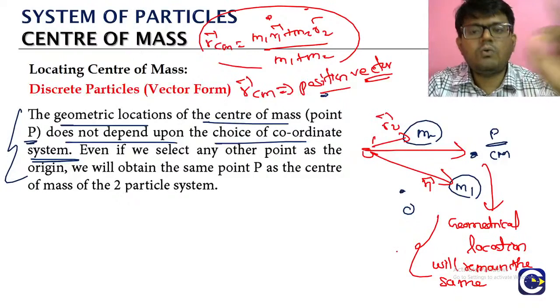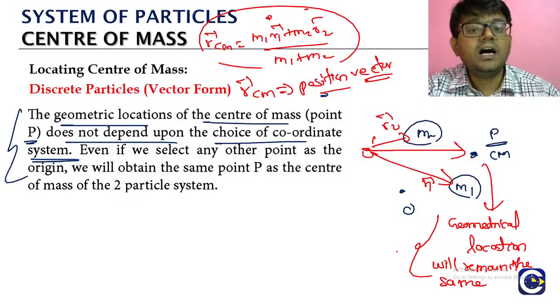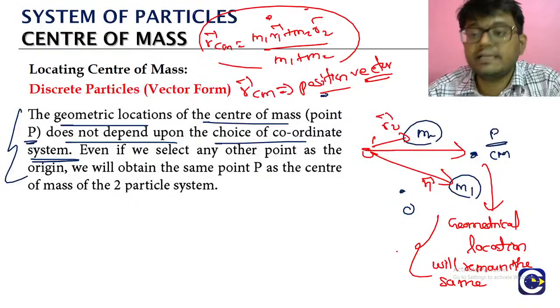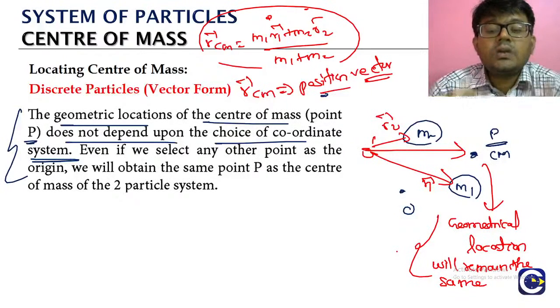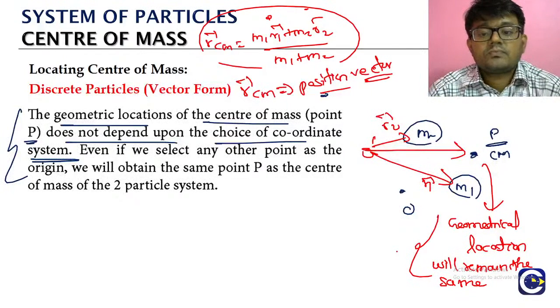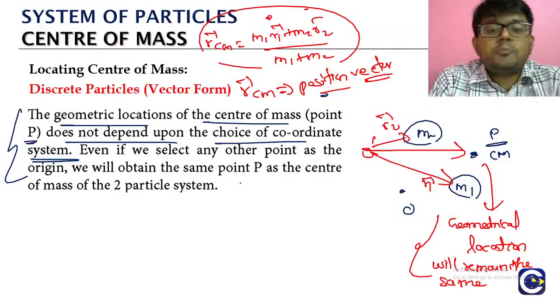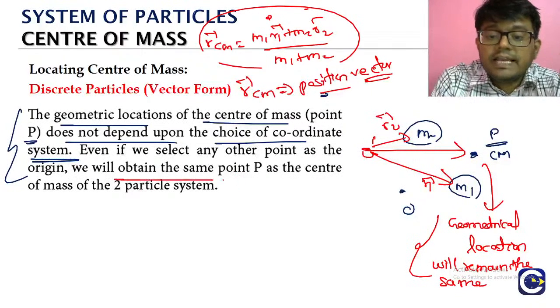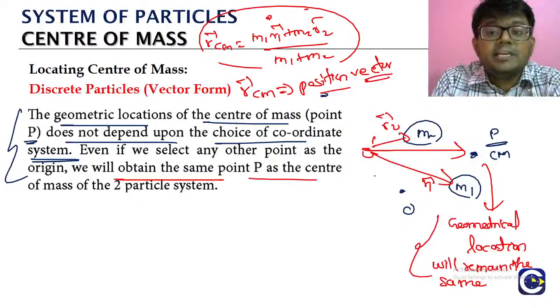The coordinates are something that will depend upon the origin of choice and the coordinate system, but the geometrical location will not change. So even if you select some other point as origin, the geometric location will be P only.